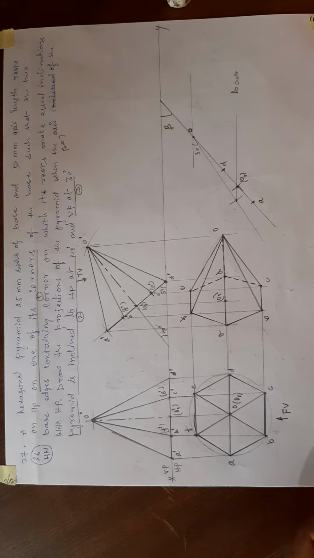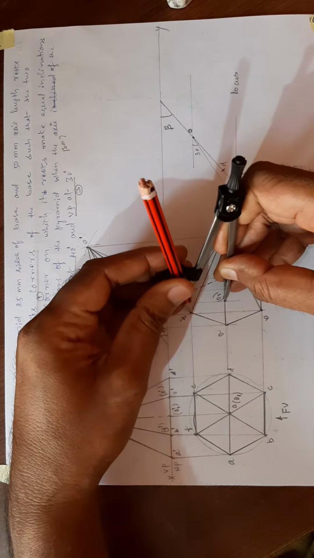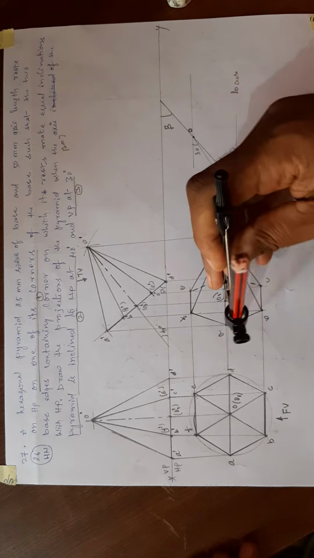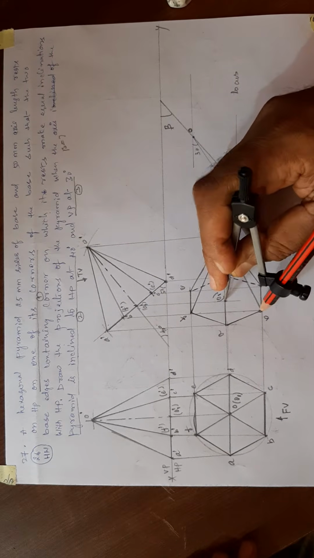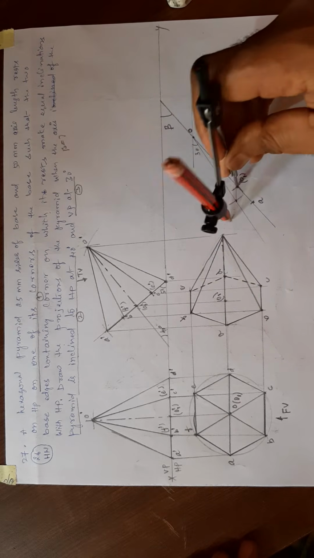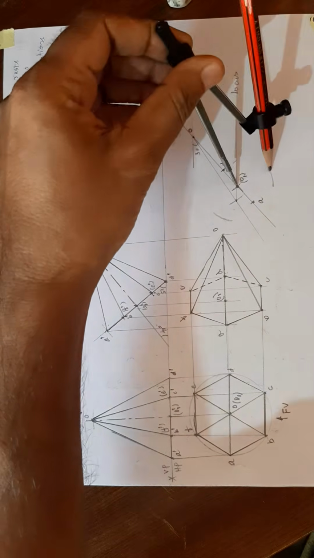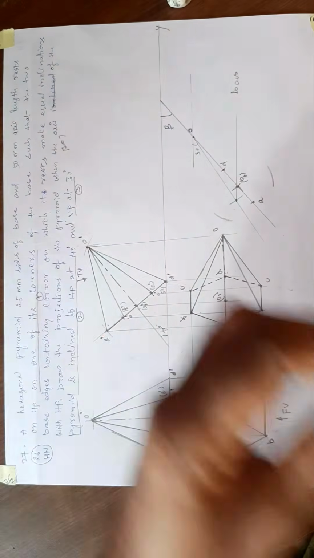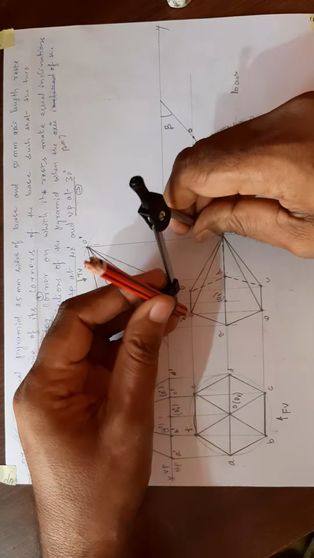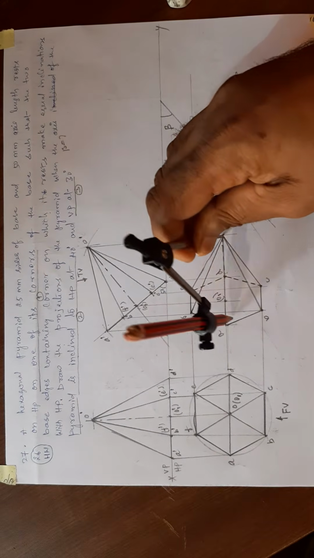By the compass method, see O1F. O1F is equal to O1B. Then you keep the compass at O1 and draw two arcs on both sides of the line. Then you take OF, OF is equal to OB.